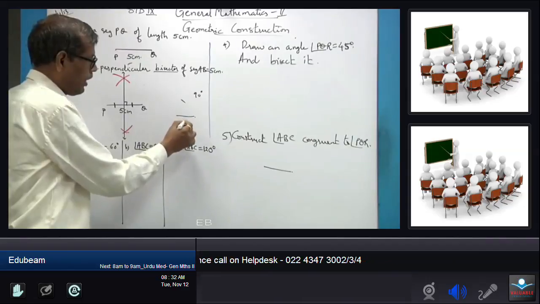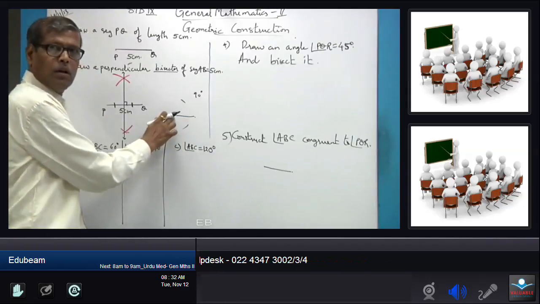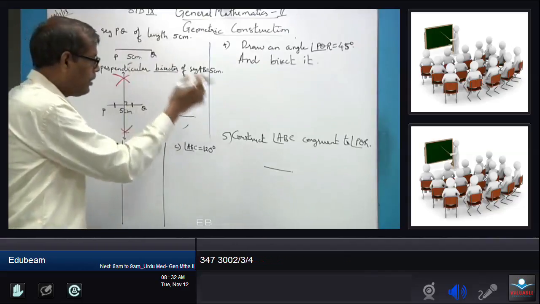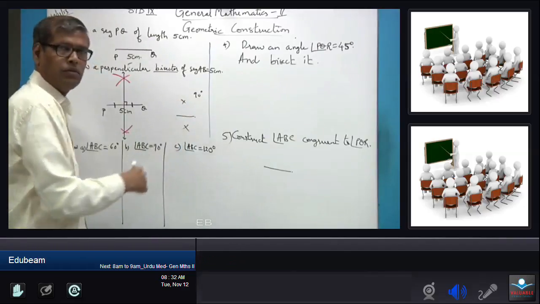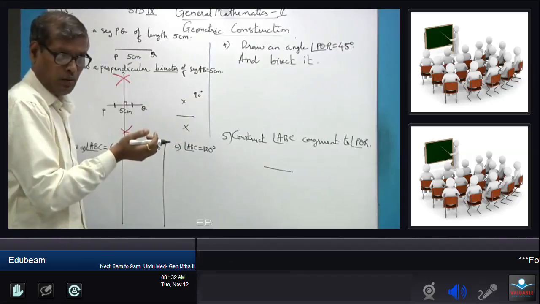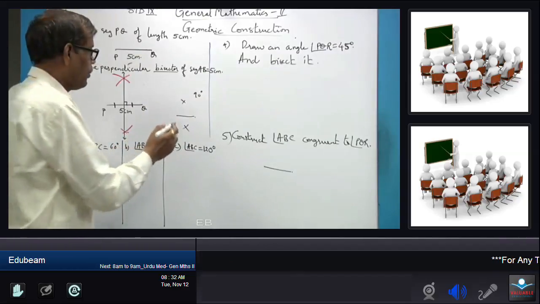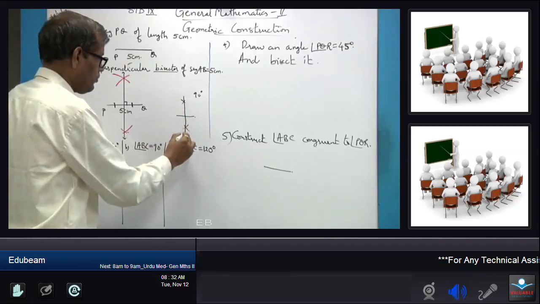Measure the inner 0, this inner side, because 0 starts from there, not on the top, because there is no line this side on the left. So this is your 60. Join it, and that will be your angle.